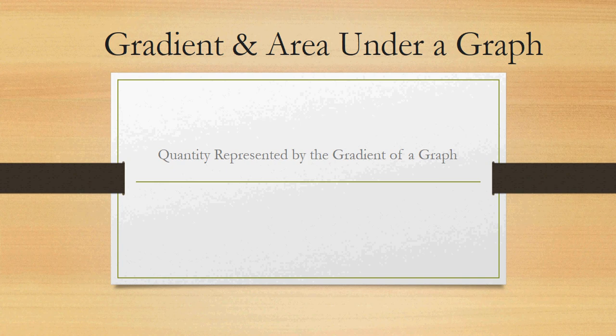But for this video, I will only discuss the quantity represented by the gradient of a graph, and the second part of this subtopic, that is distance time graph, I will discuss during another video. So my focus today is the quantity represented by the gradient of a graph.